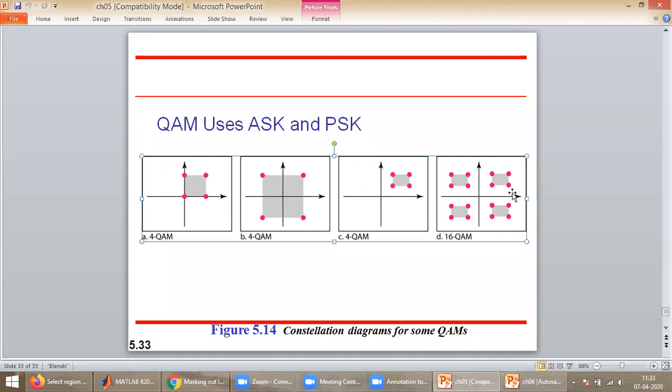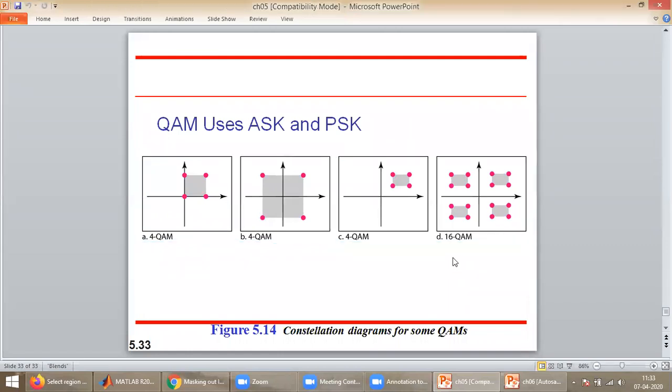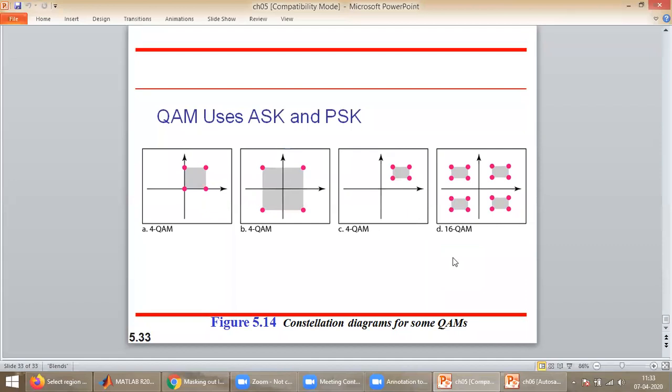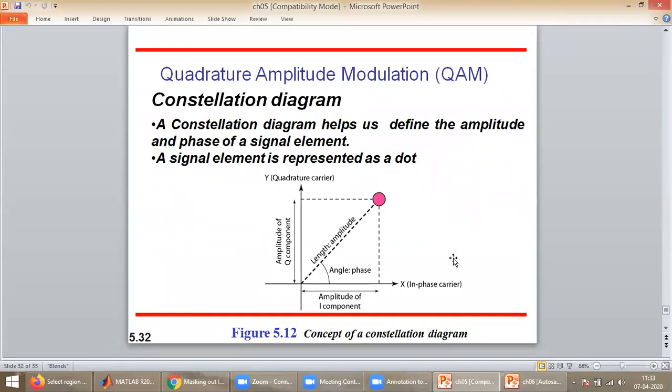Like that, consider 16 signal elements. The same concept applies here, but the angles vary across different quadrants. This is about the quadrature amplitude modulation method.